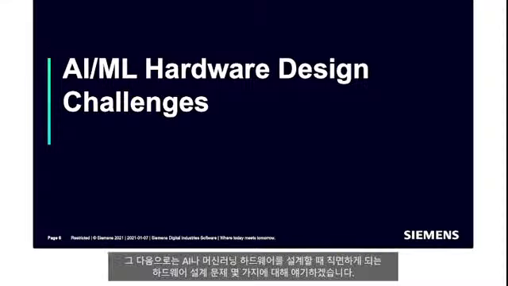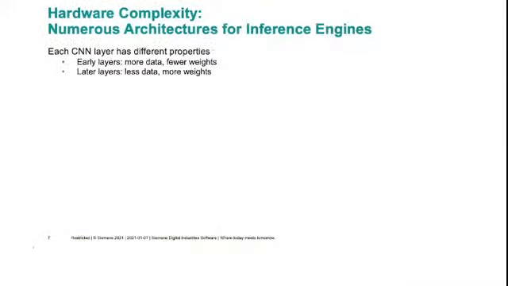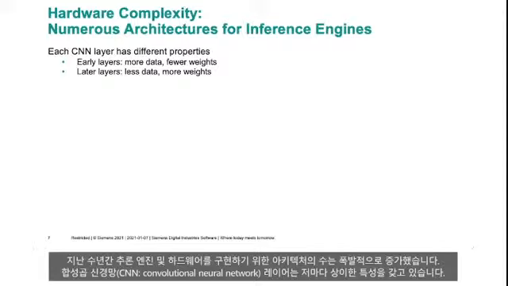Next, we'll talk about some of the hardware design challenges we face when designing AI or ML hardware. The past several years has seen an explosion in the number of architectures for implementing inference engines in hardware. Each convolutional neural network layer has different properties.